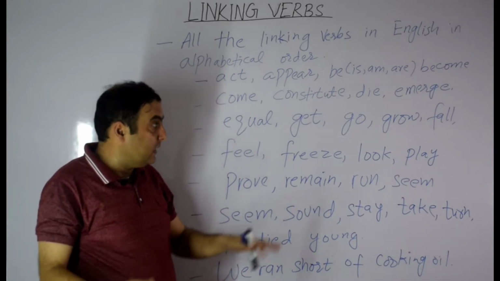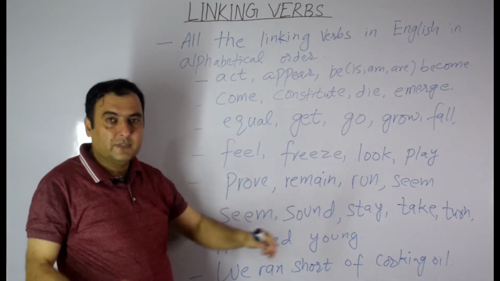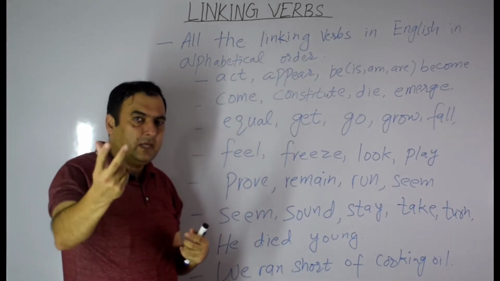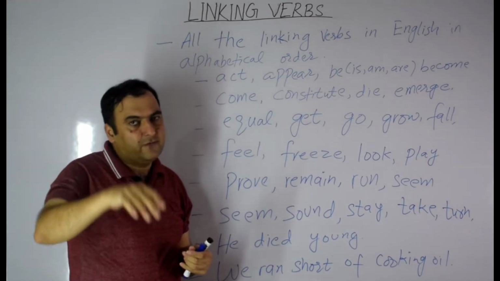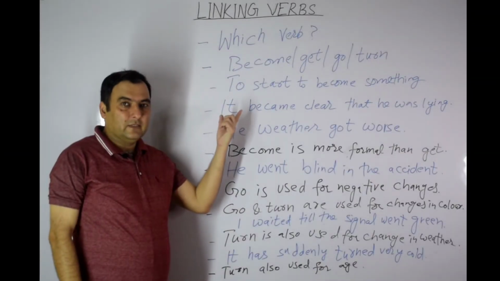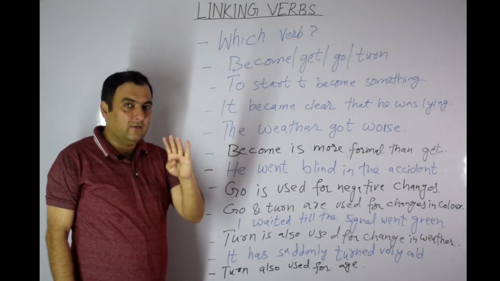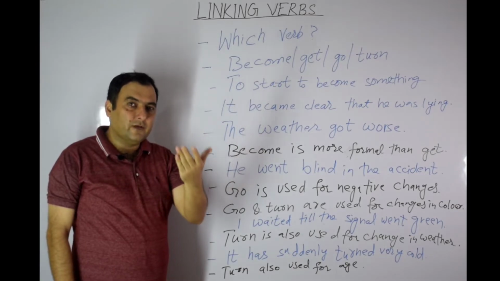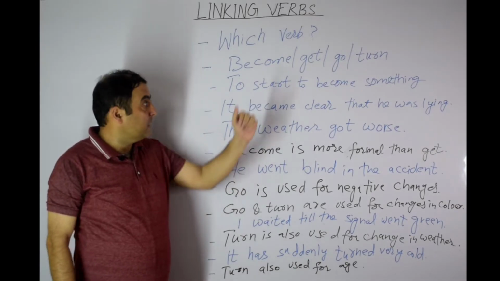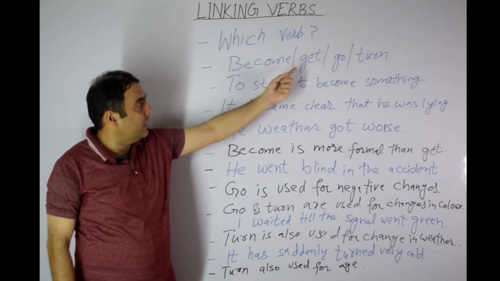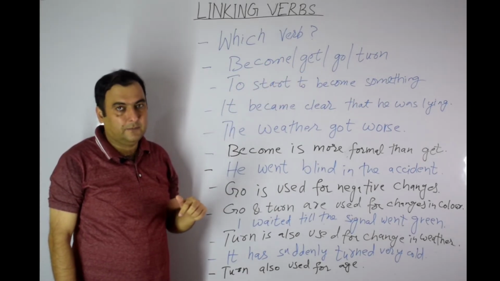Next, we take a few linking verbs with similar meaning, and I'm going to tell you some differences between them. We look at four linking verbs which have kind of similar meanings: become, get, go, and turn.